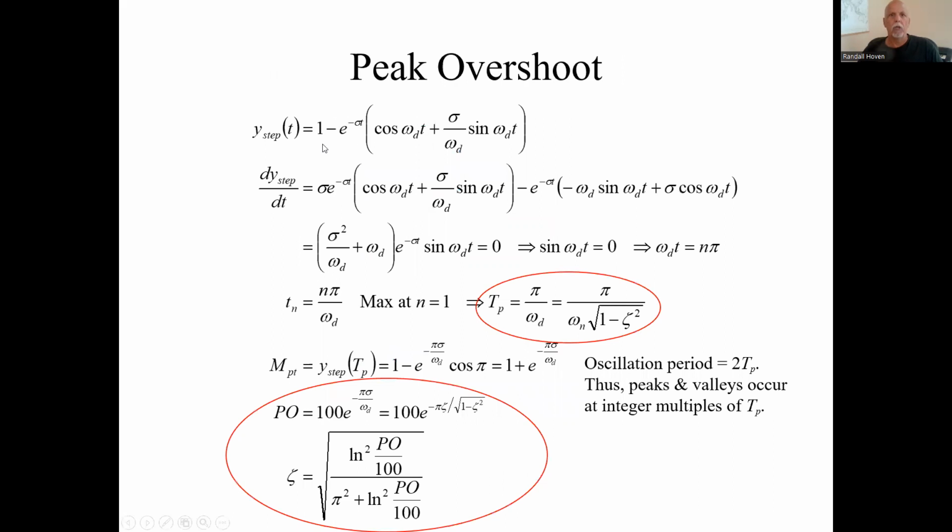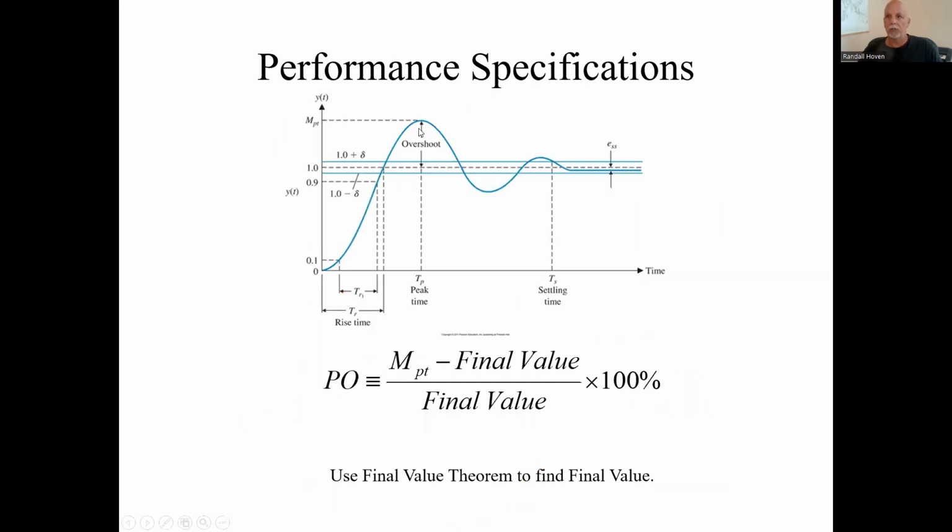Okay, if we take its derivative and set it equal to 0, we're finding where the slope of that response is 0, right? Which would be right down here, up here at this peak, and then all these peaks and valleys. That slope, or the derivative, is 0.